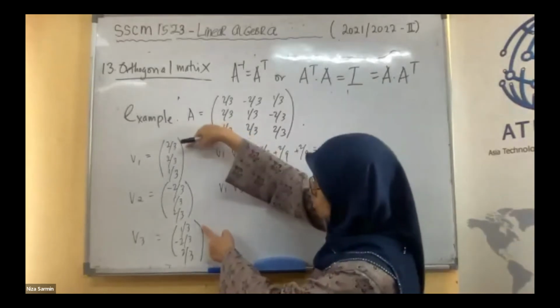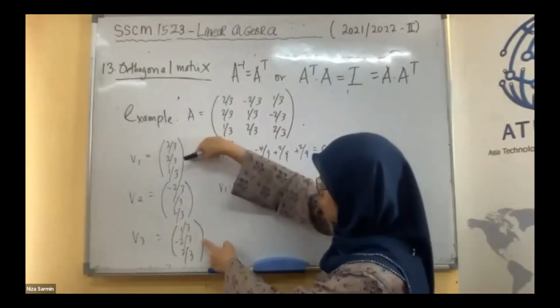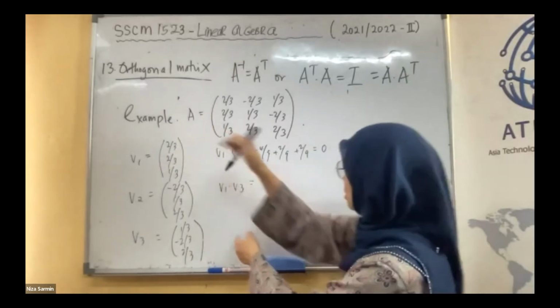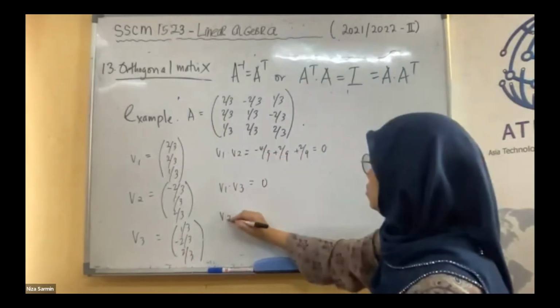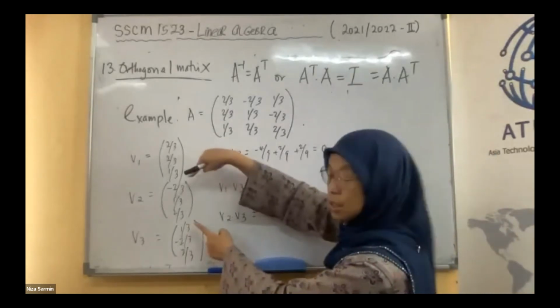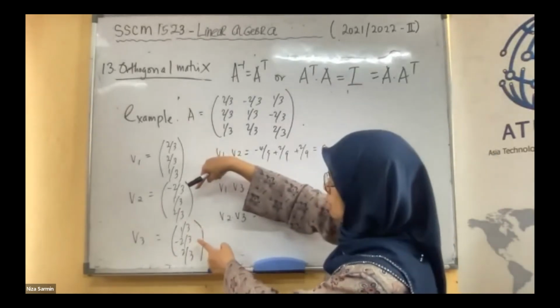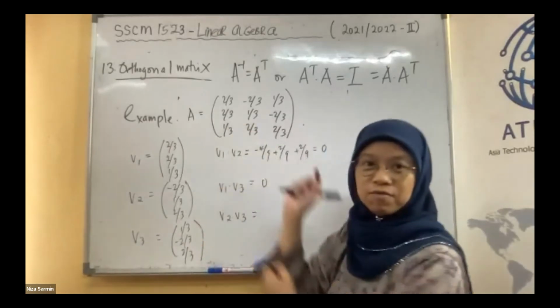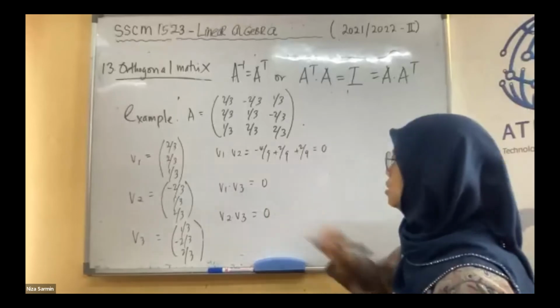So again, 2/9, negative 4/9, 2/9. So this is also 0. And then V2 dot V3, you multiply this: negative 2/9 plus negative 2/9 is 4/9 plus 4/9. So this is also 0.